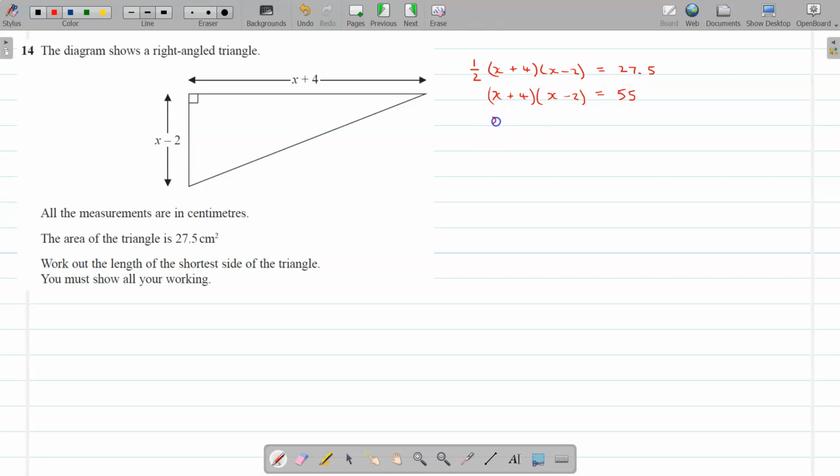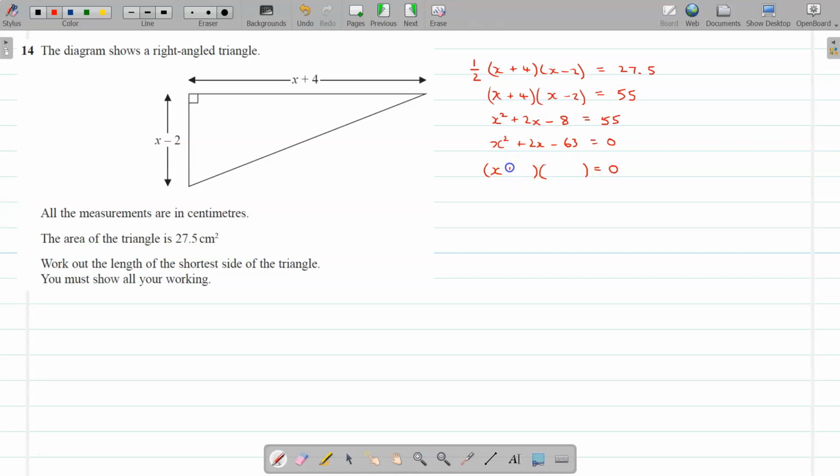Okay, if we multiply out the brackets, we get x squared plus 2x minus 8 equals 55, and subtract 55 from both sides, we get x squared plus 2x minus 63 equals 0. Now we can factorise it. Okay, so we look for a pair of factors of minus 63 that add up to give us 2.